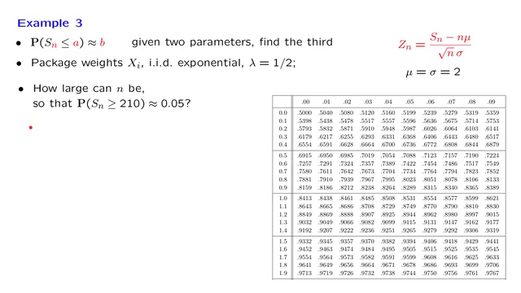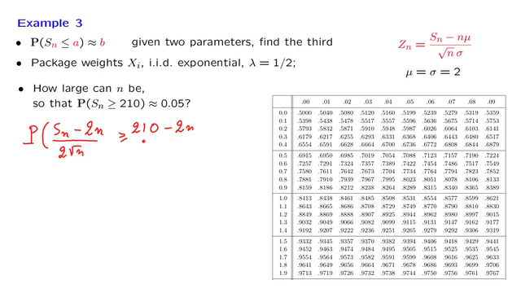So we proceed as usual by taking this event and rewriting it in a way that involves the standardized version of Sn. So we need to subtract n times mu, which in this problem is 2 times n. We subtract it from both sides of the inequality, and then we divide by the square root of n times sigma, which is 2.